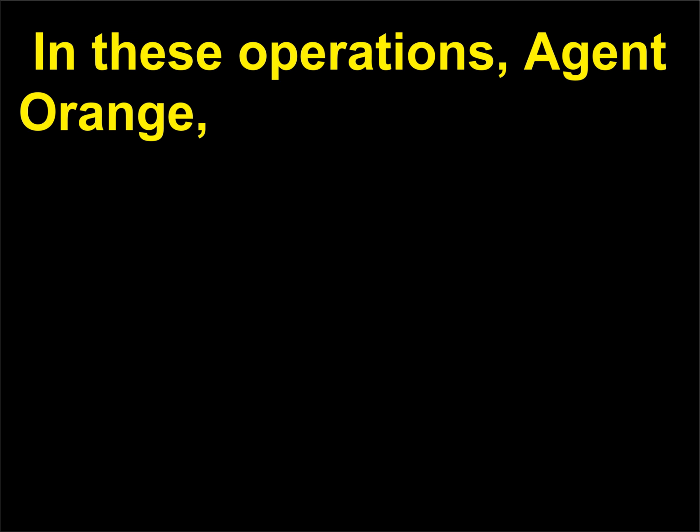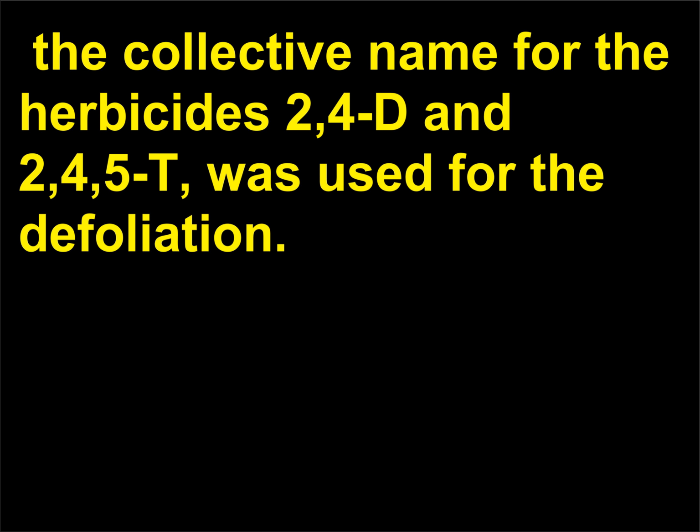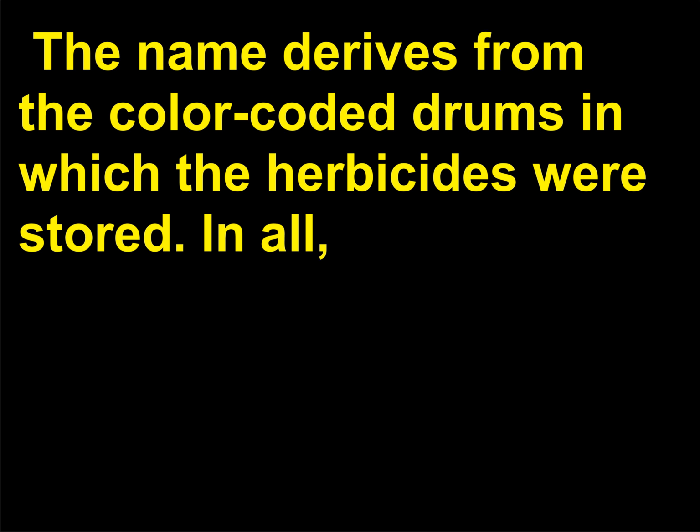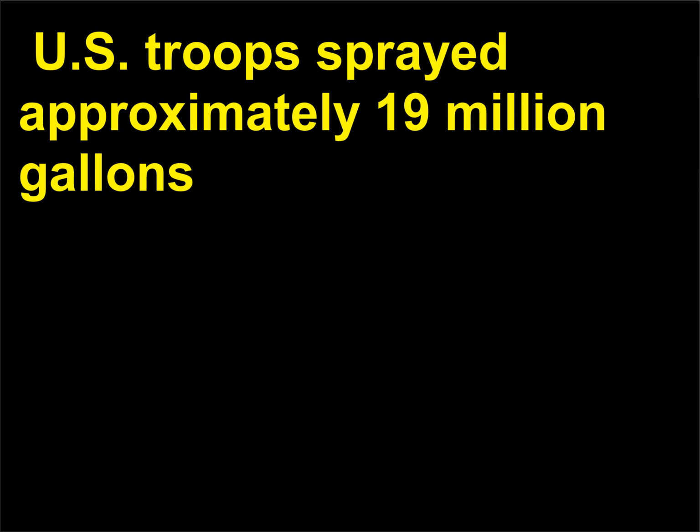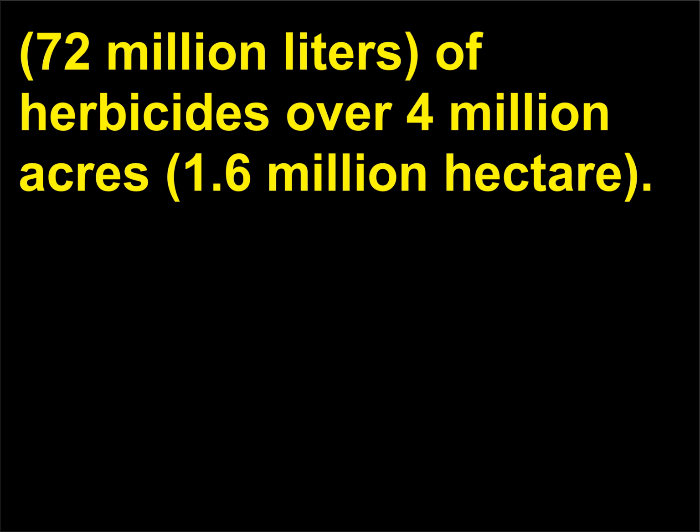In these operations, Agent Orange, the collective name for the herbicides 2,4-D and 2,4,5-T, was used for the defoliation. The name derives from the color-coded drums in which the herbicides were stored. In all, U.S. troops sprayed approximately 19 million gallons, 72 million liters, of herbicides over 4 million acres, 1.6 million hectares.